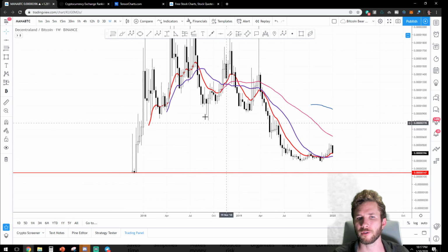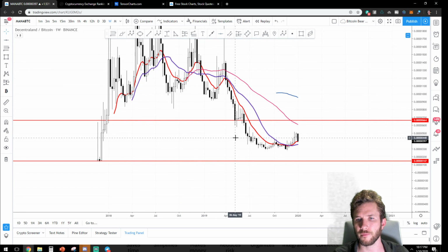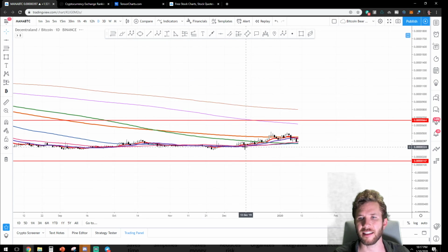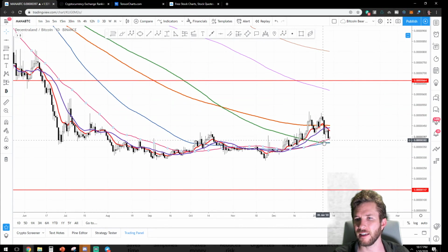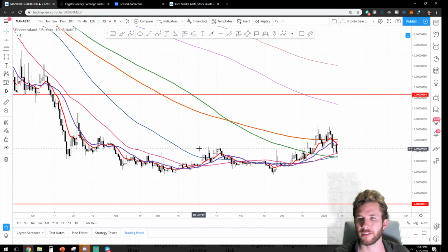Pretty massive downtrend. This level is very key as well. Let's take a look at the daily. We're testing the 50 MA, the 200 EMA rocked it. I don't see anything on this chart, man.